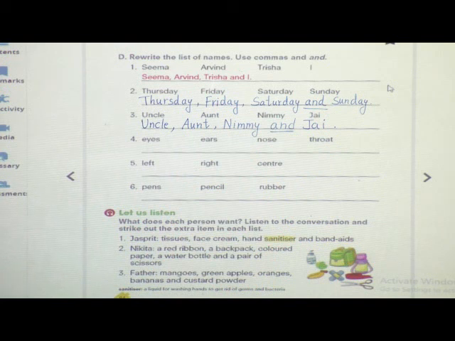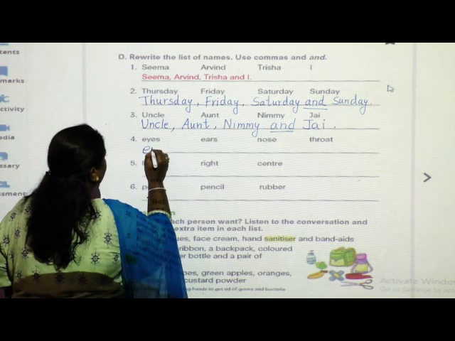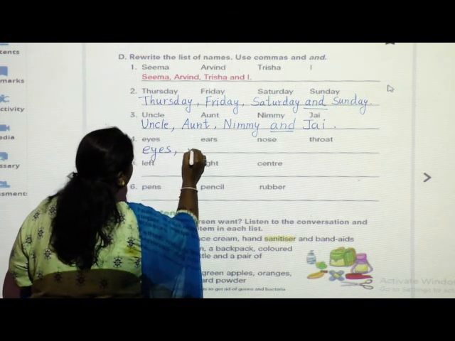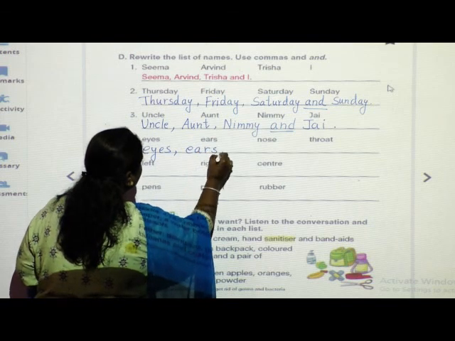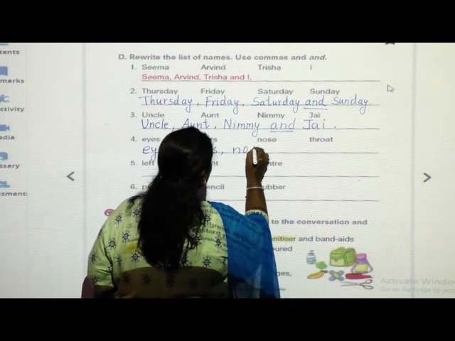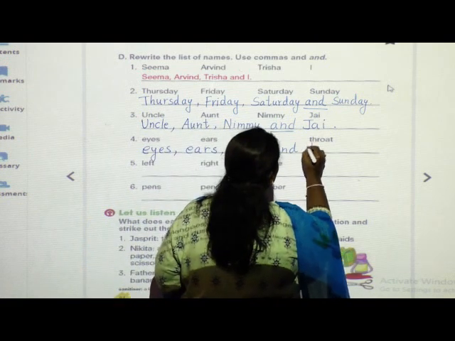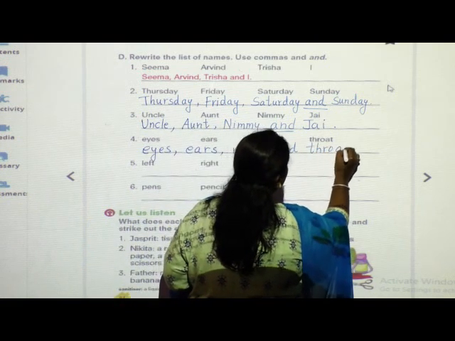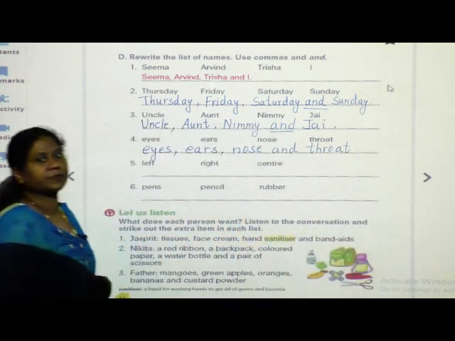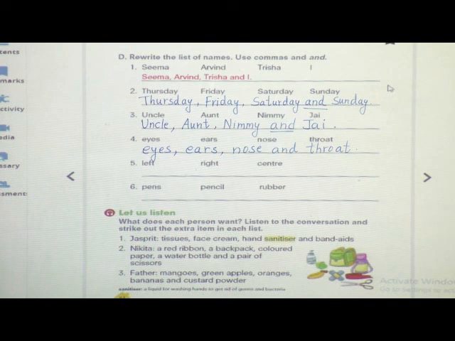The next one, eyes, ears, nose, throat. Eyes, comma, ears, comma, nose and throat. Okay. The next one, left, right, center.